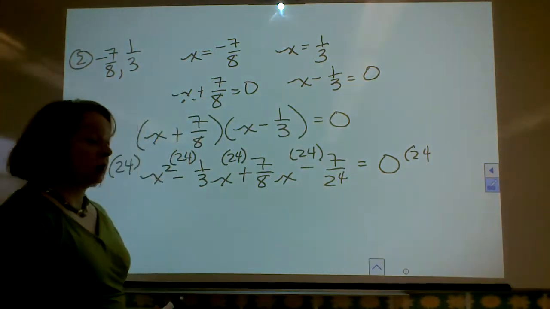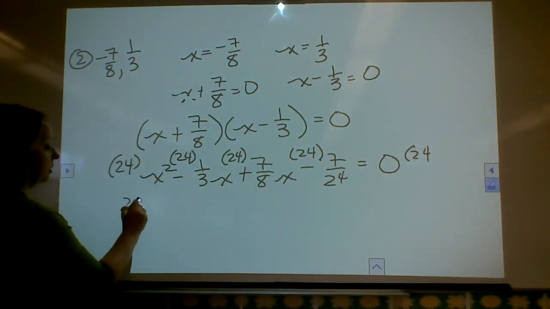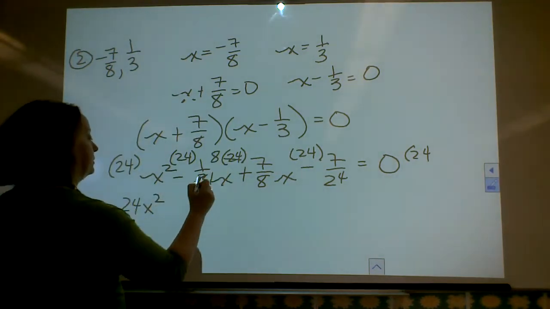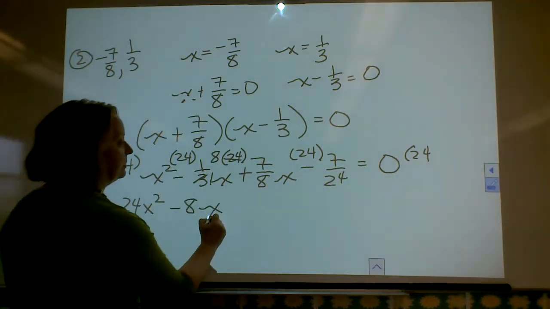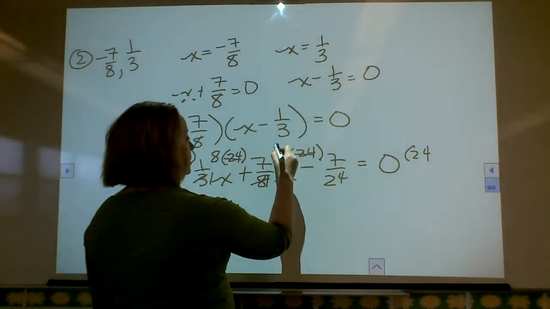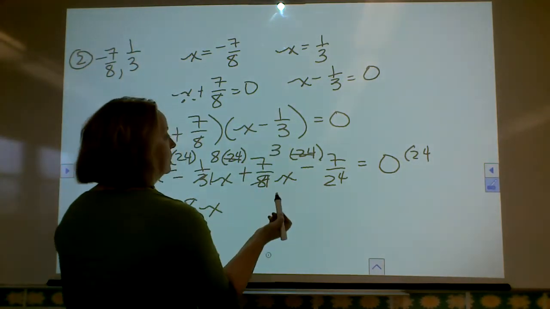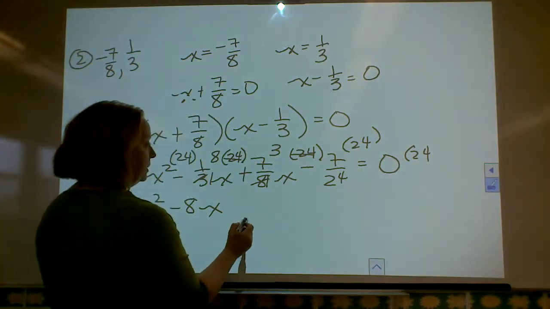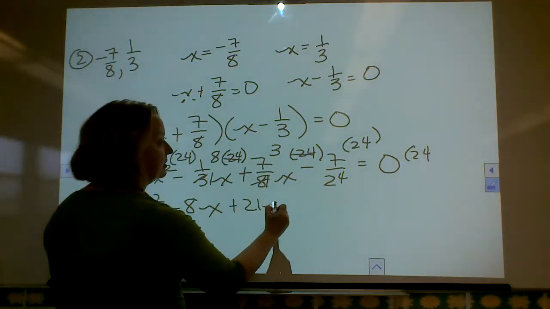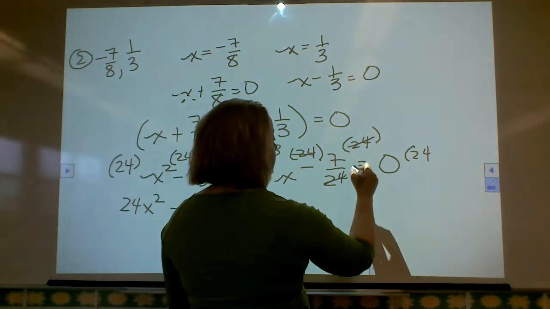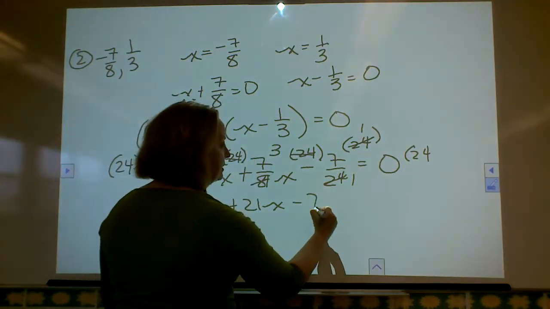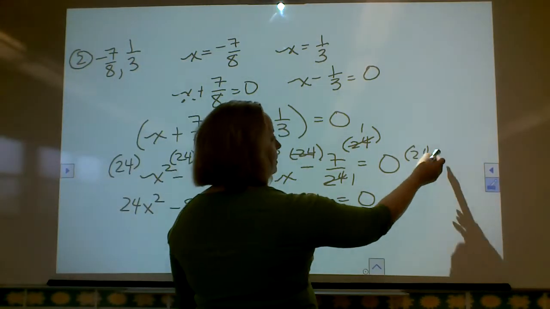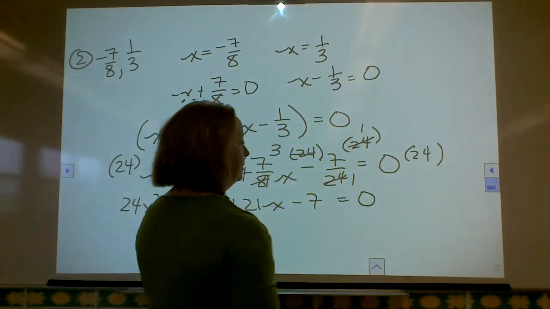And then we just work it out, so we get 24x squared. This becomes an 8, so minus 8x. This will become a 3, and so now we have plus 21x. And then these will cancel and become 1, so it's minus 7. And then 0 times 24 is going to be your 0 there.